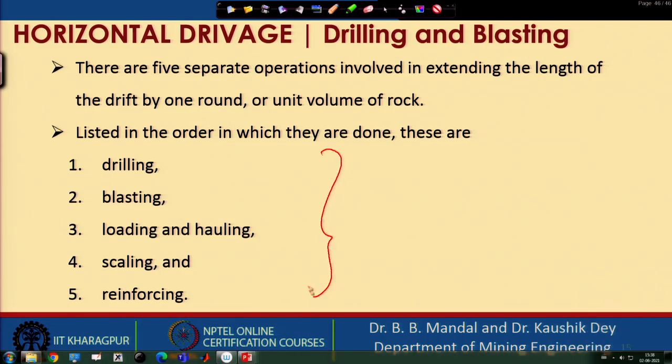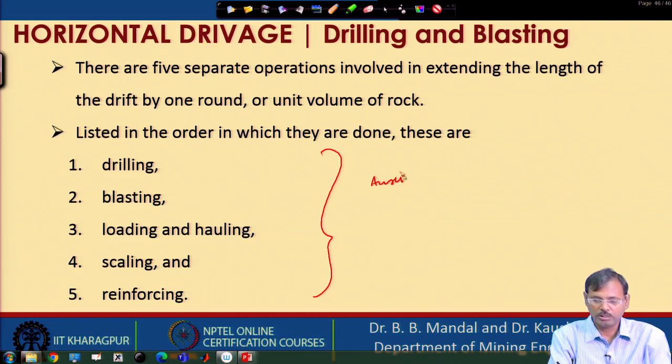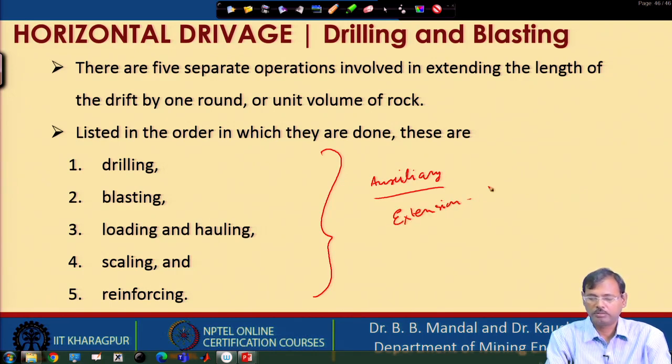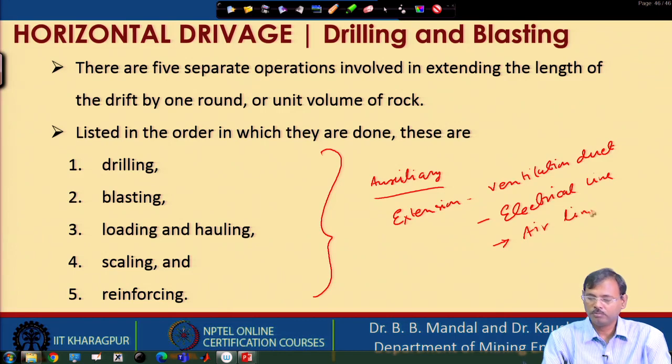Those are auxiliary operations, that is the extension of the ventilation duct, electrical line, compressed air line, water line, drainage establishment.